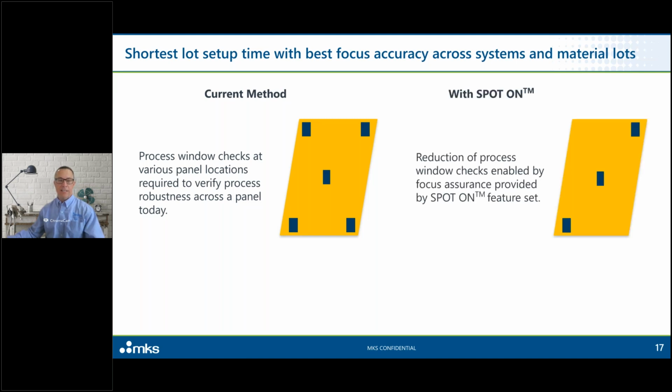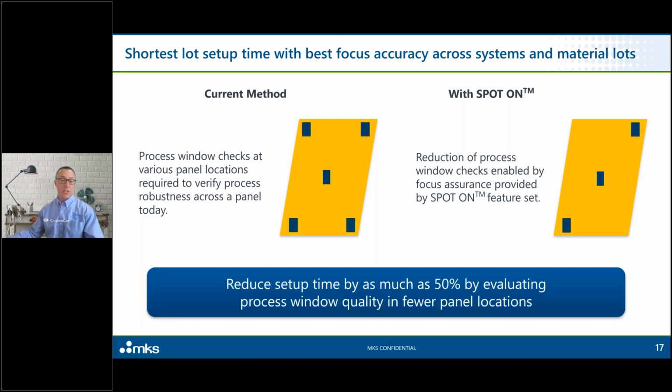In contrast, with Spot On, we're able to reduce the number of locations that require the process or focus check. This will allow customers to potentially greatly reduce the amount of setup time or evaluation of process window quality.